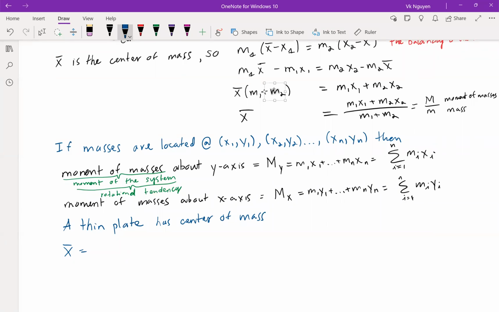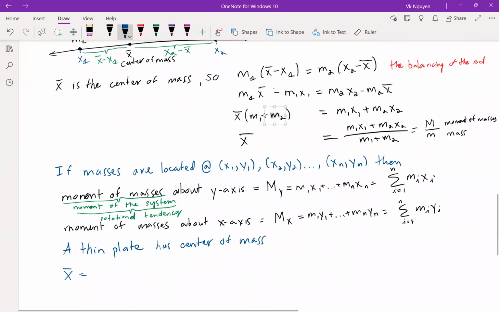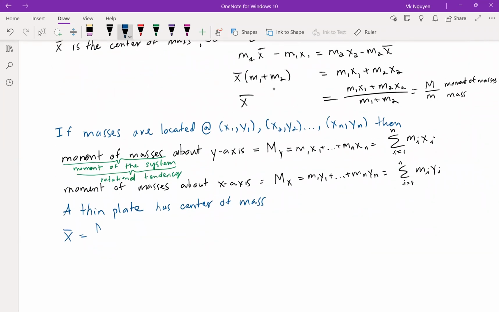So it comes from the thin rod here. So the moment of mass, well, we have moment of mass about the y-axis, and then we also have a moment of mass about the x-axis. For the moment of mass about the y-axis, it's going to be x bar. And as you can see, you have these x1, x2, xn here. The x is the distance to the y-axis. So we know the mass, right, is the double integral over the region D of rho x, y, dA. And for the moment of mass, look at this one here.